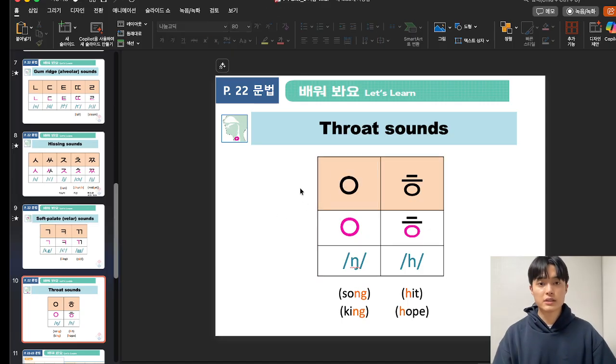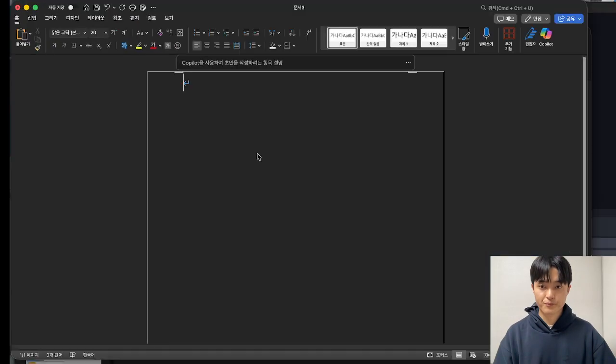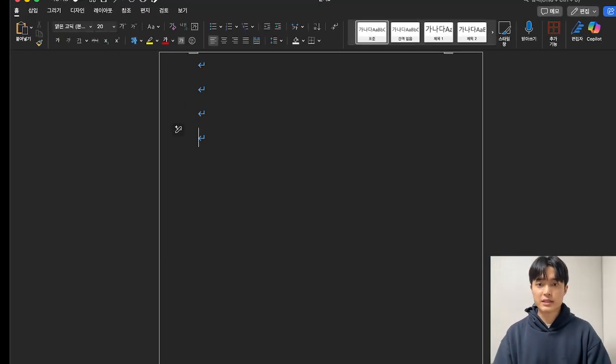But actually, the circle consonant is silent, so it doesn't have any sound. But there are some cases where the circle consonant has a sound, and that is when it is placed in the bottom. We will talk about it later. In Korean, there are things called last consonants.